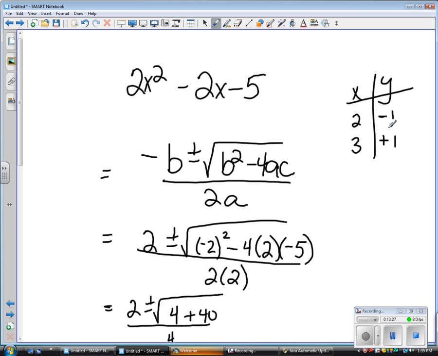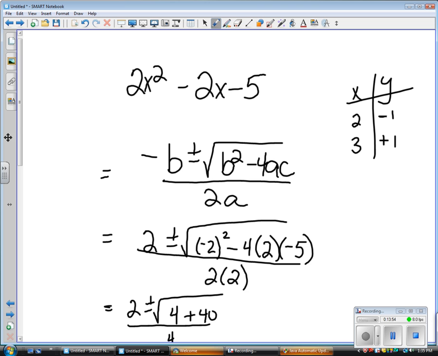So if you notice, I had to go through 0 to go from a negative to a positive, or a positive to a negative, right? Would you agree with that? So I can't find the exact point. I could use the trace button and maybe guess, but that may be a good indicator that when it's not exact I can use my quadratic formula.